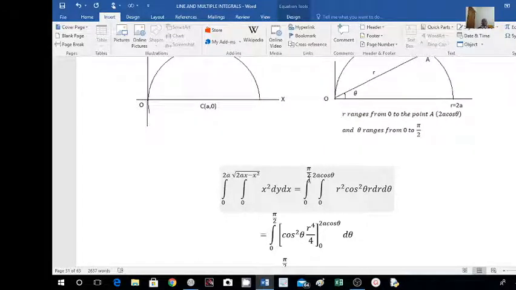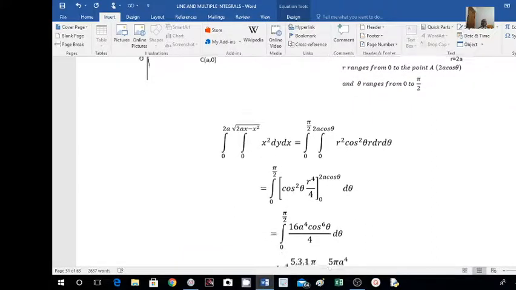This equals the integral from 0 to pi by 2 of x square, with x equal to r cos theta, so x square means r square cos square theta, and dy dx is nothing but r dr d theta. Limits of r are 0 to 2a cos theta, limits of theta are 0 to pi by 2.